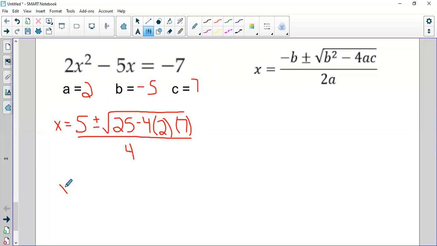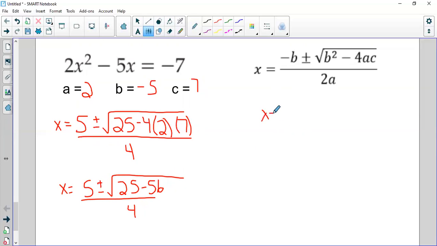Do some computations in that radical. 5 plus or minus square root of 25. Negative, positive, positive gives me a minus. 4 times 2 times 7 is 56 all over 4.